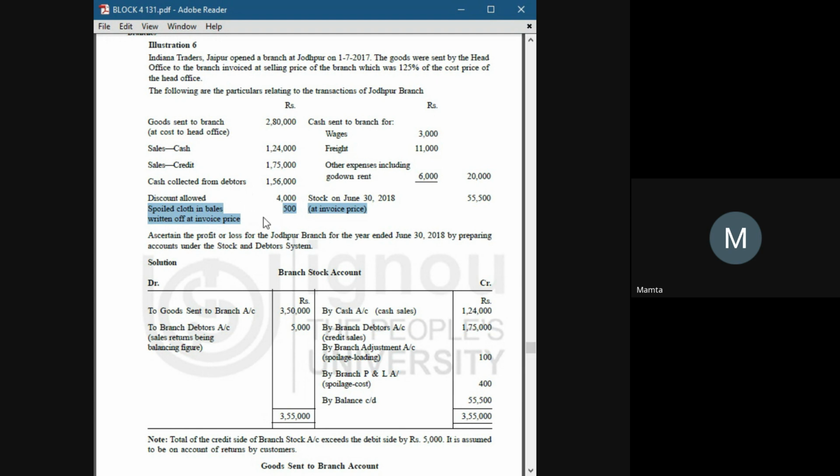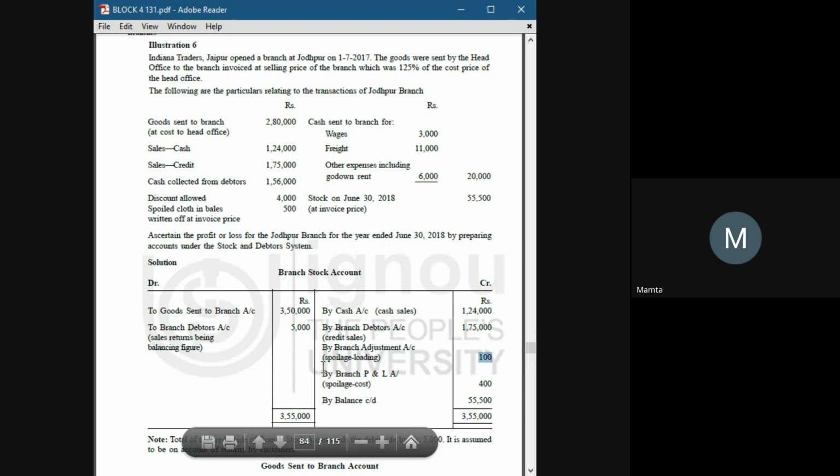The value of X, meaning the cost value, will be 400, and the difference between the cost value and the invoice price is 100 rupees. So we are mentioning it here under by branch adjustment account, spoilage loading, which is 100 rupees.